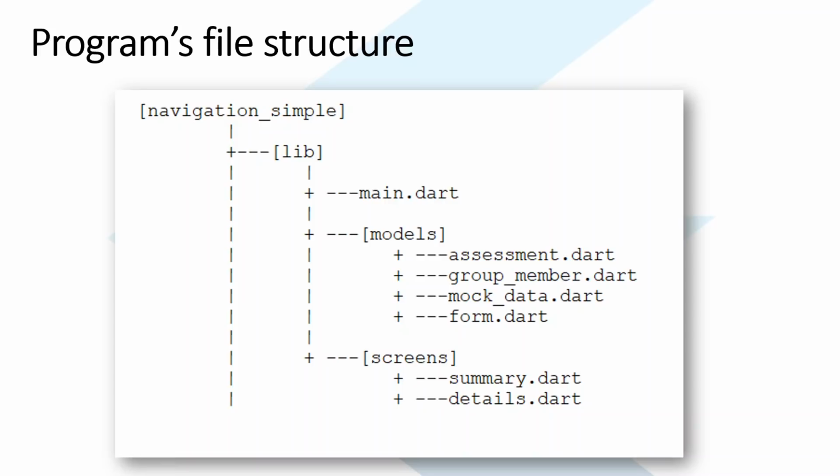We adopt the SRP principle, single responsibility principle, whereby you dedicate a particular part of code to a particular purpose, so you don't mix models and screens. Organizing in this way makes your project structure more readable.